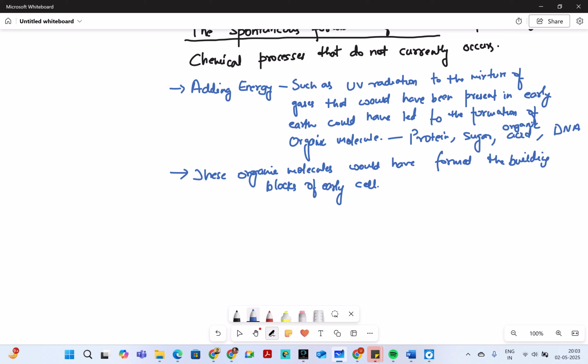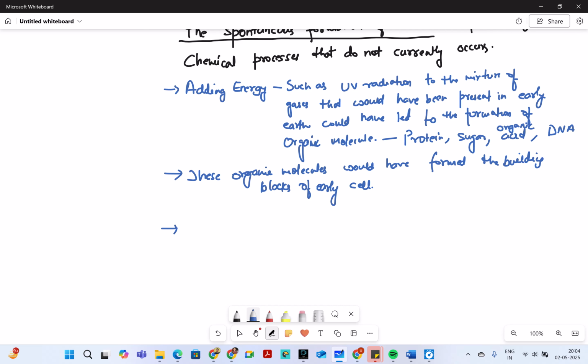Now after that, there were scientists called Alexander Oparin and Haldane. They both proposed the idea of the primordial soup hypothesis, right? And this hypothesis explained the origin of biological molecules. So the two scientists, first is Alexander Oparin and second is Haldane.